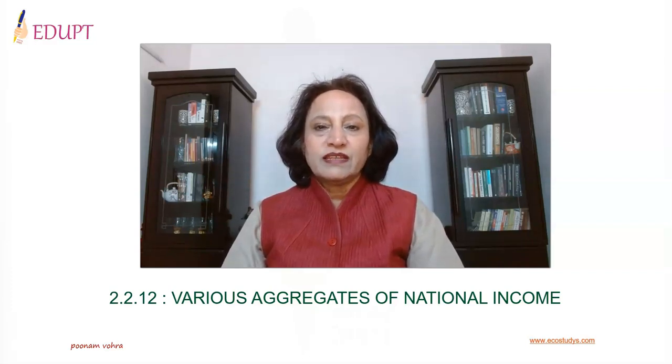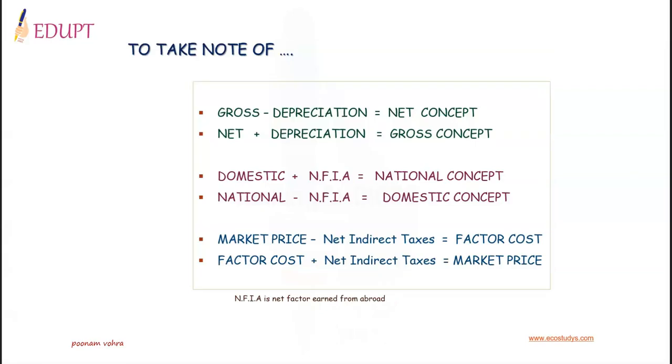So let us begin. Before we understand the relationship between various related aggregates of national income, let's recall what we have understood so far and take note of it. One can find relationship between gross and net concept, between national and domestic concept, between factor cost and market price concept.